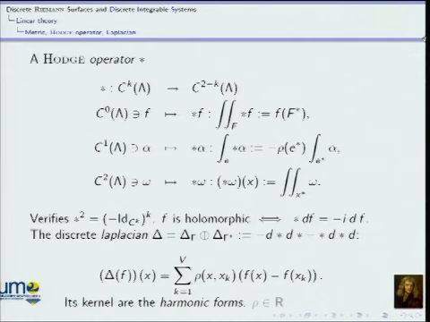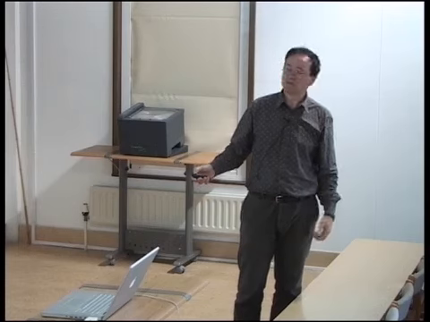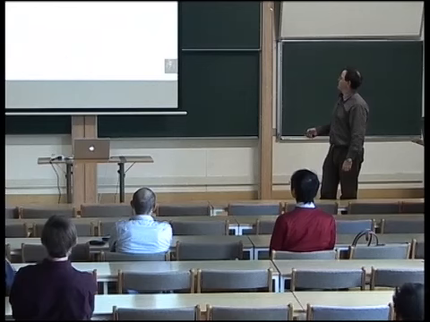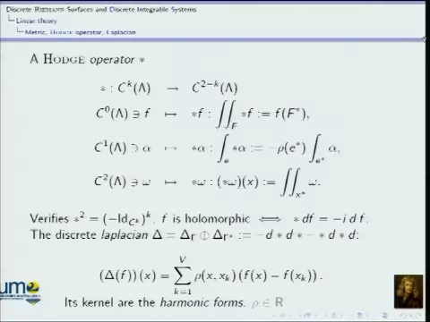And this verifies that star square is -1. That is to say, it's really what I call discrete conformal structure. It really gives you some sort of conformal structure. So you can rewrite that f is locally a similitude by the fact that its Hodge star is itself multiplied by -i. The Hodge star of df is -idf.